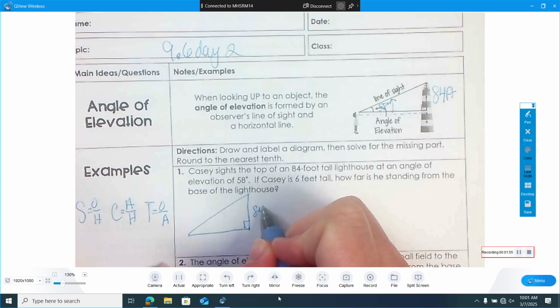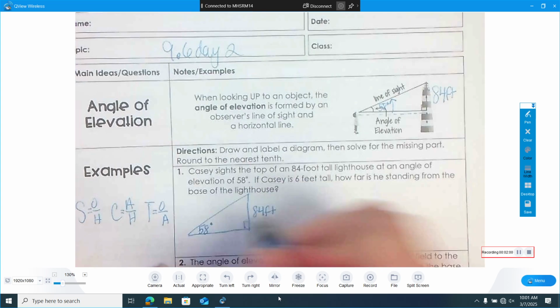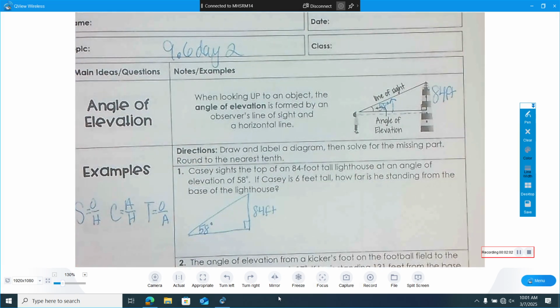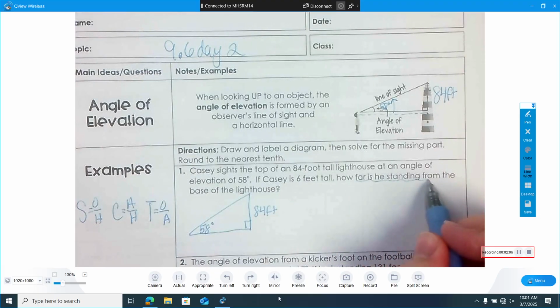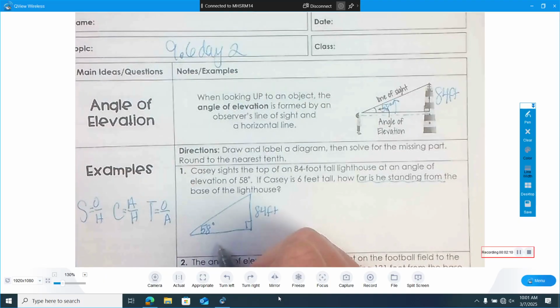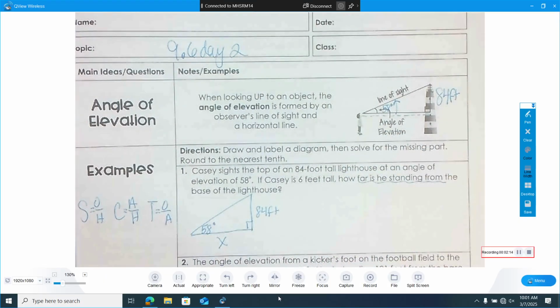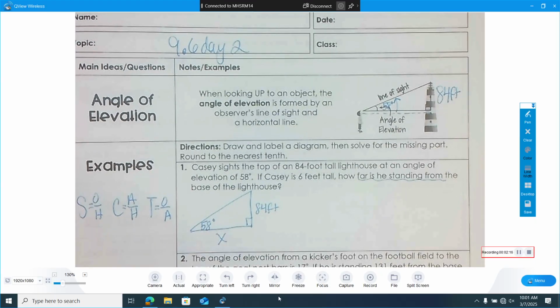We have an 84-foot tall lighthouse, and he has to tilt his chin up 58 degrees. How far is he standing from the base of the lighthouse? So we want to know how far away Casey is from the lighthouse. I'm just going to call that distance x.